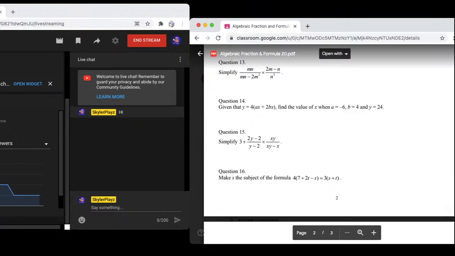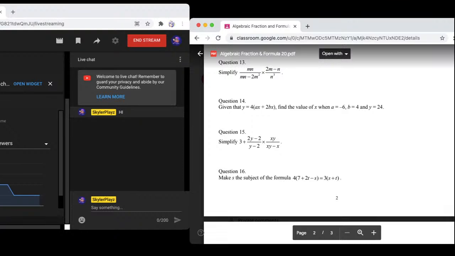Then we will have 24 equals to 8x and therefore x is equal to 3.